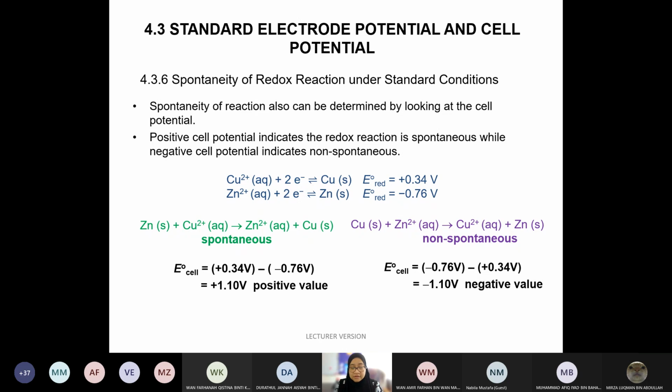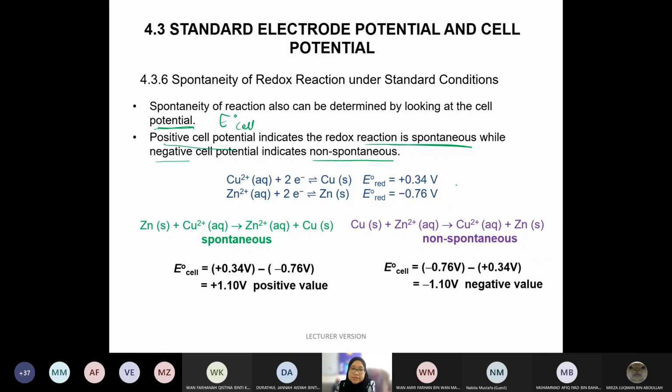And if it's negative, it shows that the reaction is not spontaneous. Spontaneity of reaction can be determined by looking at the cell potential, the one that we have calculated just now, the E naught cell. So positive cell potential indicates the redox reaction is spontaneous, while negative cell potential indicates that it is non-spontaneous. Okay, all right.